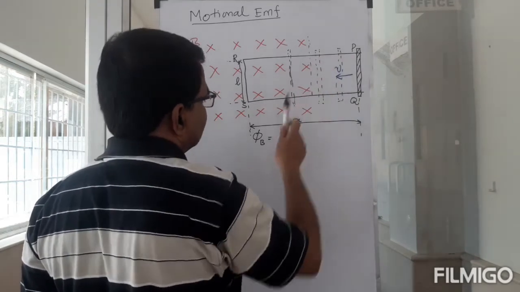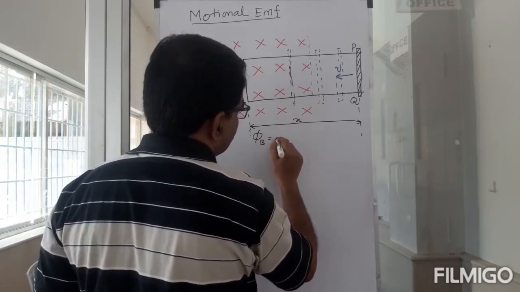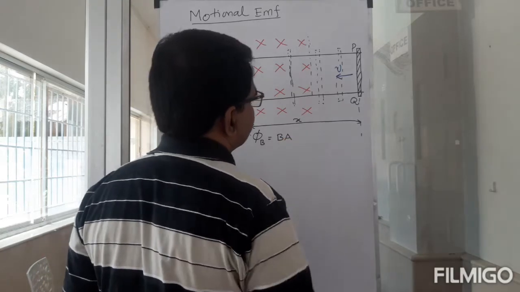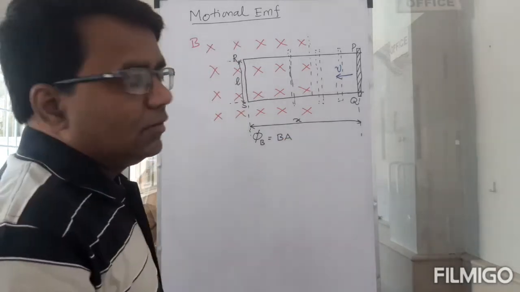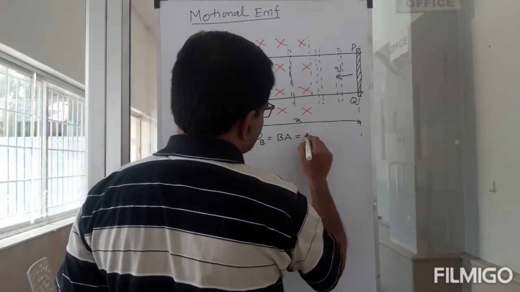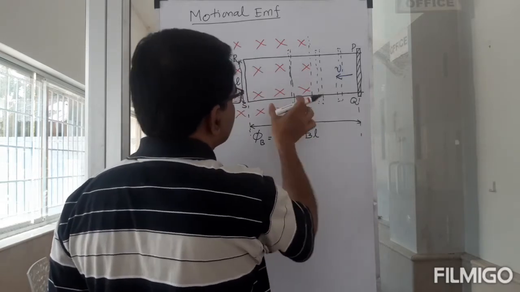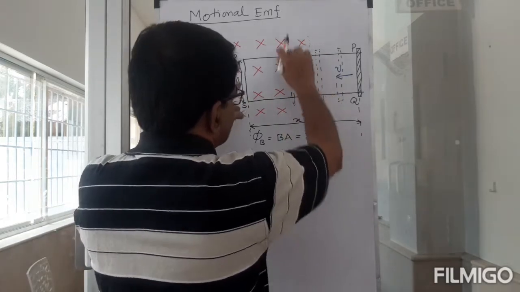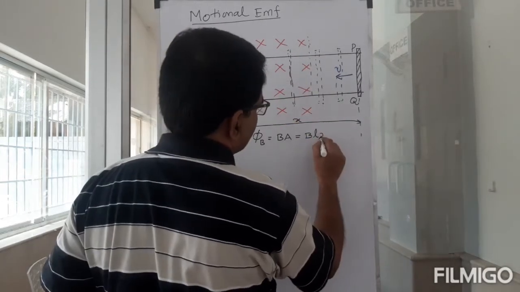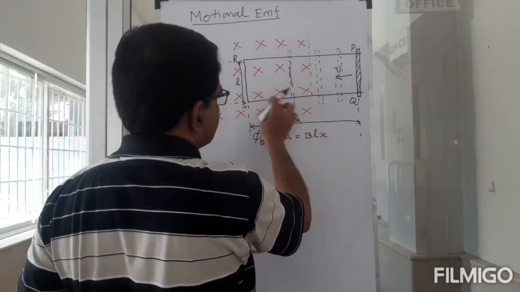There my flux is equal to B into A. So what is that A? The A is going to be equal to B L, and if it is at any point, at any x from the origin, that's the area. So the flux is B into this area.